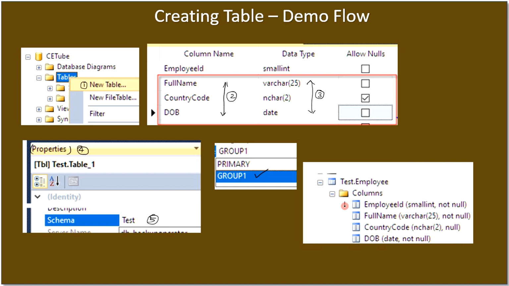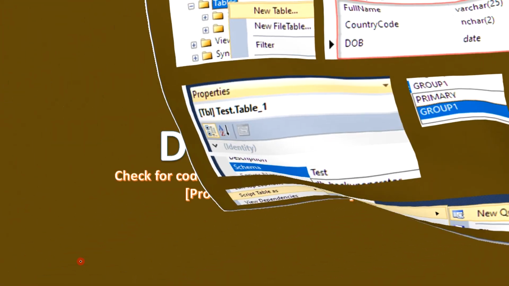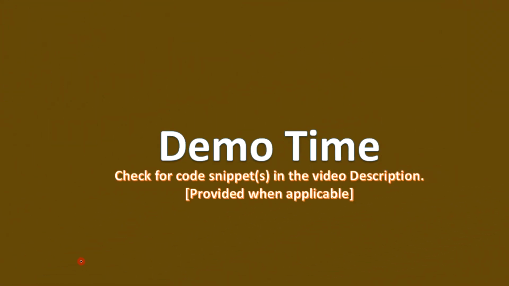And finally, we can view our table definition in the SQL Server Management Studio. We will also see how to create the TSQL script using the SQL Server Management Studio. Now let's go to the demo.